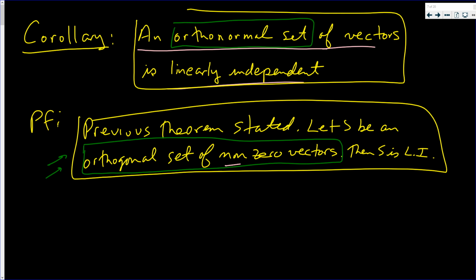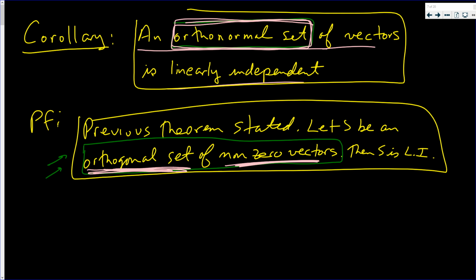One, that none of the vectors were zero, and that the dot product of two different vectors in this set equals 0. Well, orthonormal means that any two vectors are orthogonal. It means it's an orthogonal set. This is an orthogonal set where the length of each vector is 1. So we have an orthogonal set in both.